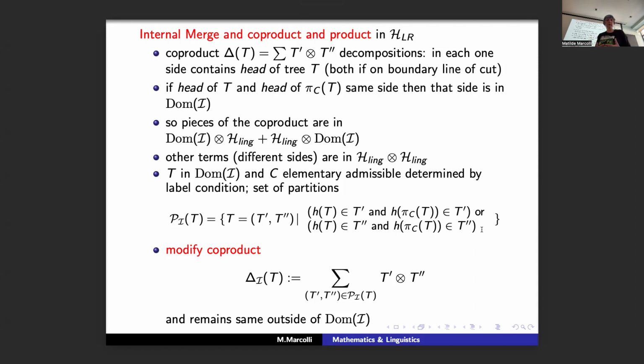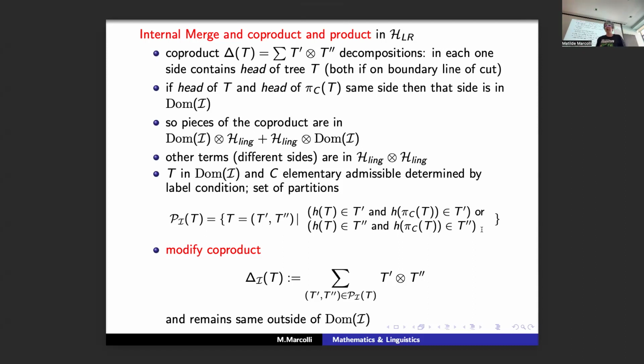The way to do this is to restrict your coproduct to cuts where the two parts have the property that the head of the pieces that you want to use for movement and the head of the whole tree end up on the same side, and not one on one part and one on the other. Otherwise, they're no longer part of the same structure that you want to move. So you have to do some modification of the coproduct to account for these domains.